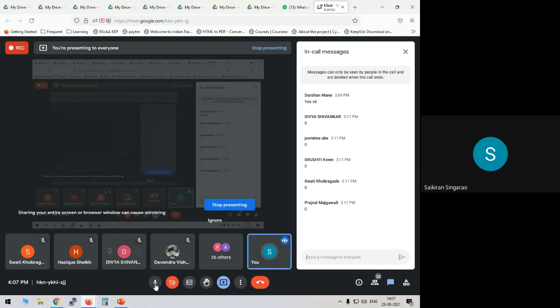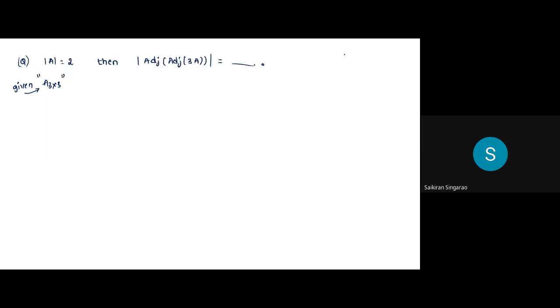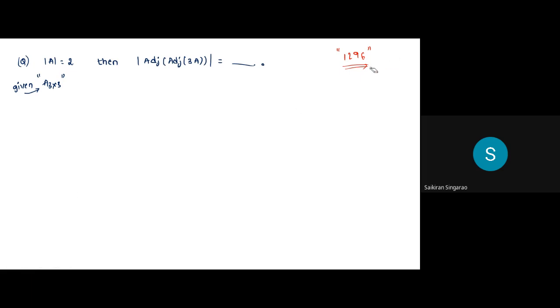Anybody else? Any other answer? Someone has given 1296. You could also say 2 power 3, 3 power 4. Like this also you can tell. I have no problem if you don't have a calculator to calculate the answer.